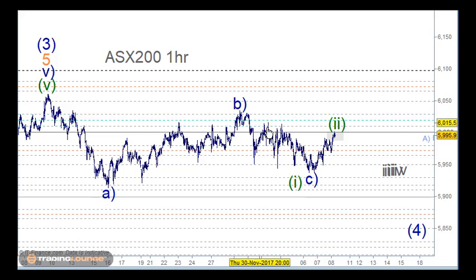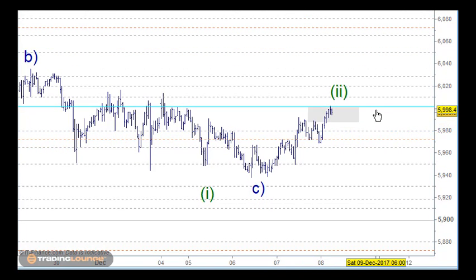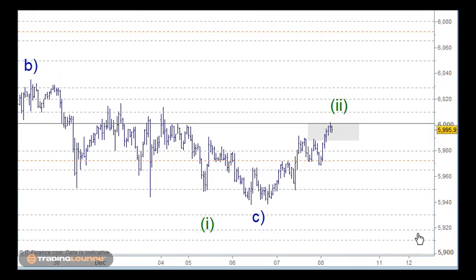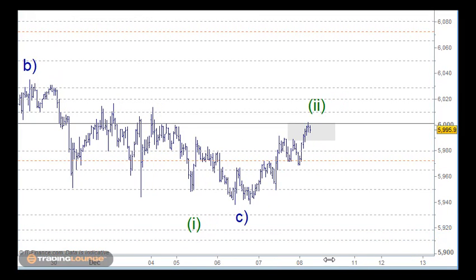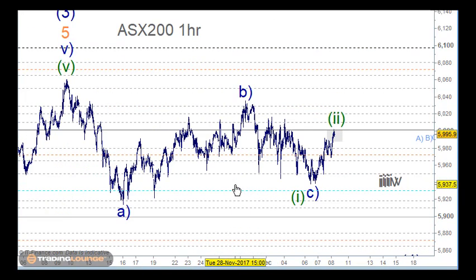But this could also be a corrective move down here, where we actually see a higher run before moving down, or we're just going to move from this high down to this low. The 61.8% is very close to the 6,000 area here, and we could see this fail from here. I can't give a clear wave count on this. I can make guesses at it and I can see parts of it, but not enough to present it as something positive that we can use.